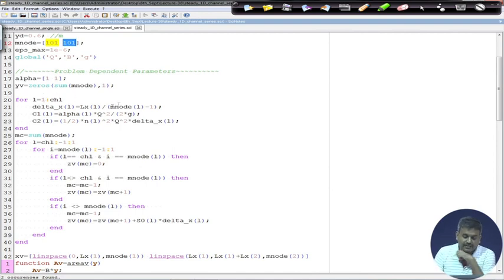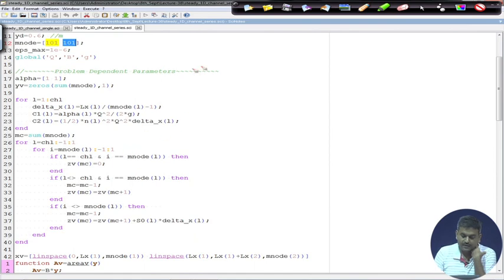So, in this case I can define this delta x. Delta x is again varying for L, L is corresponding to a particular channel, C1 is also varying with L, C2 is also varying with L.